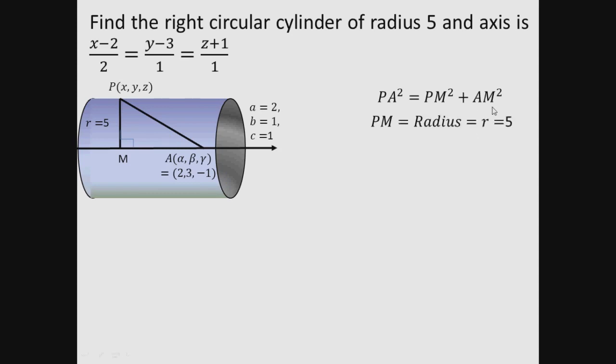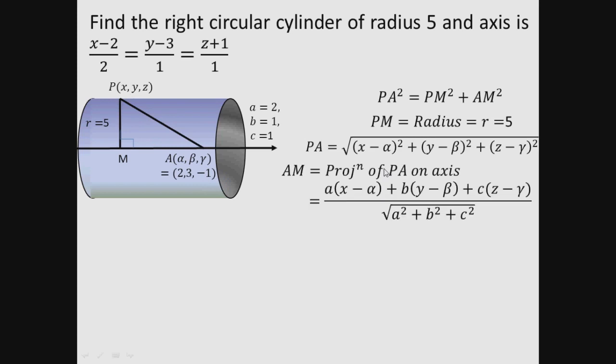PM is radius, that is given as 5, PA by using distance formula, (x minus 2) square plus (y minus 3) square plus (z minus of minus 1) square, that is (z minus gamma) square, and AM is nothing but projection of PA on axis, and the formula is A into (x minus alpha) plus B into (y minus beta) plus C into (z minus gamma) divided by square root of A square plus B square plus C square.